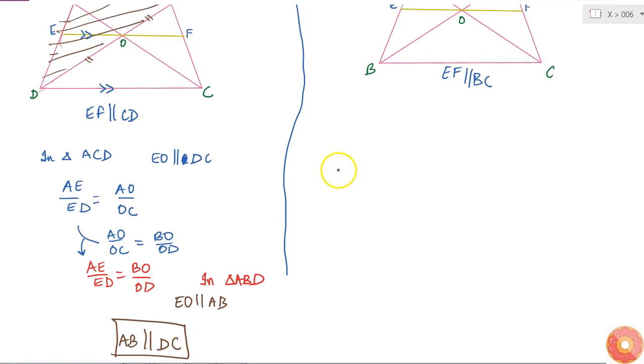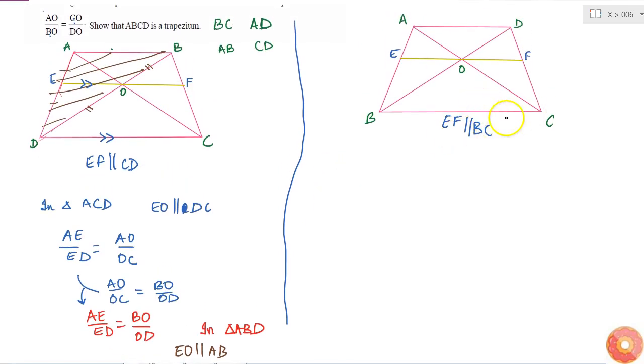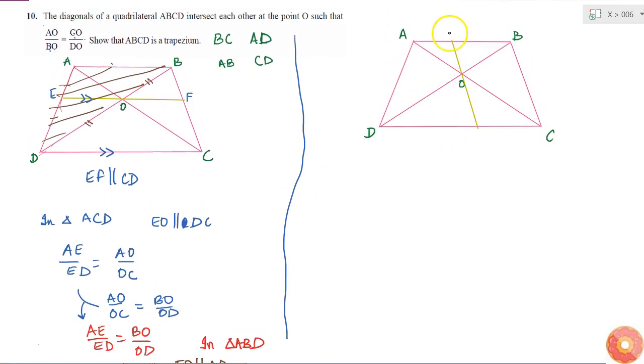Okay, similarly, if I look at the other two sides, here I constructed GH such that GH is parallel to BC. I have to prove that GH is not parallel to AD for the quadrilateral to become a trapezium, because I already got AB parallel to CD.